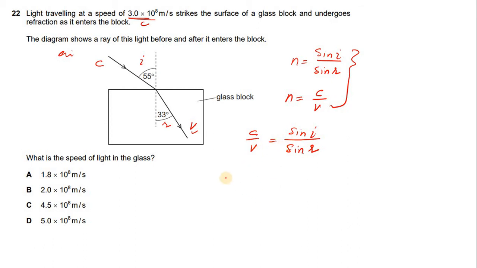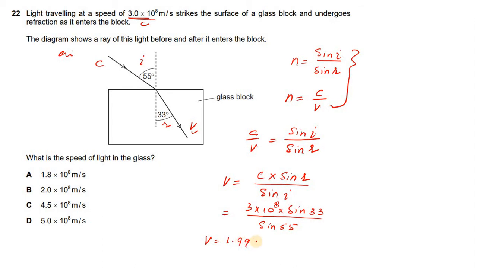So V is equal to C times sine R divided by sine I. That means 3 × 10⁸ times sine of 33 divided by sine of 55, and V is equal to 1.99 × 10⁸, which you can round off to 2 × 10⁸ meters per second. So the option is B.